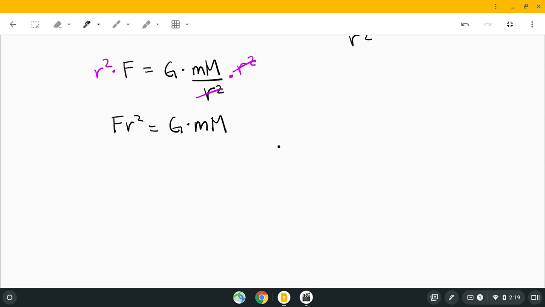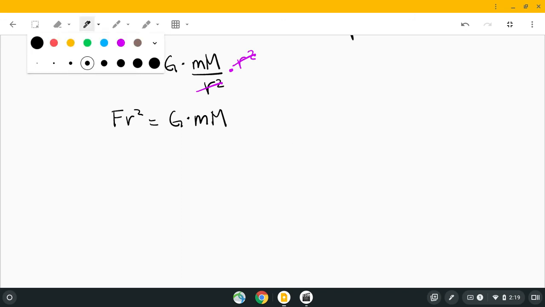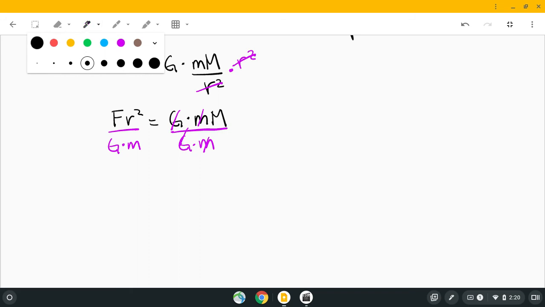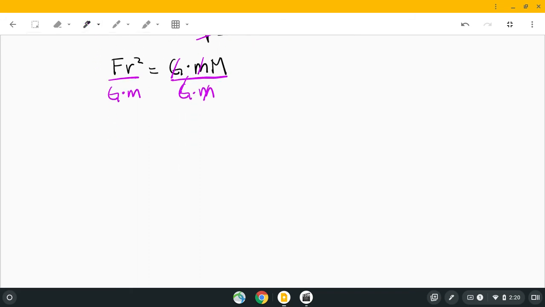So I will divide both sides, and I can take care of both of them at once, because they will cancel. Here I get capital M by itself, and it turns out that capital M is equal to F times R squared all over GM.